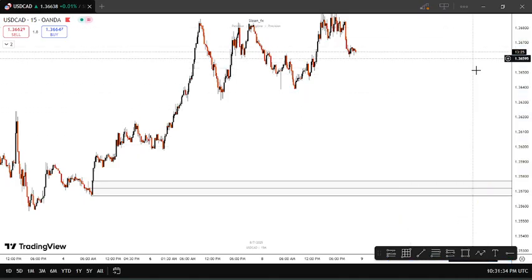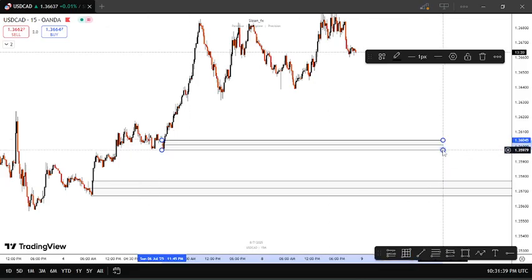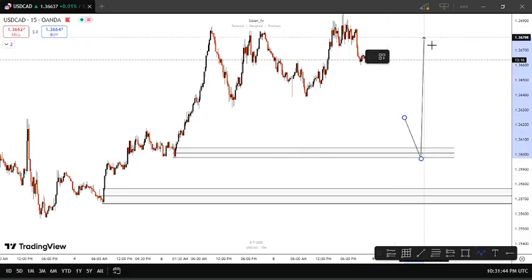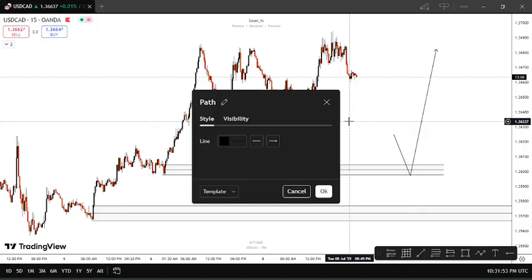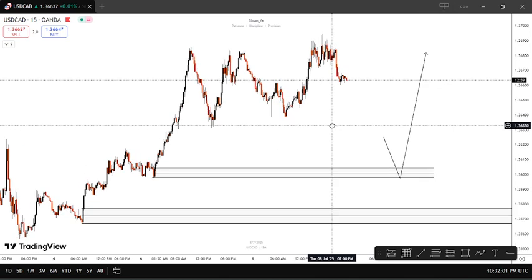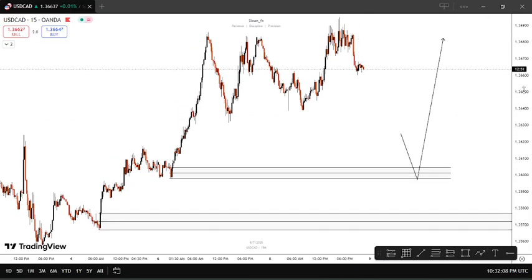But if this doesn't happen, then we should probably the market actually takes off liquidity from and then keeps moving. All right, so this basically explains top-down analysis.